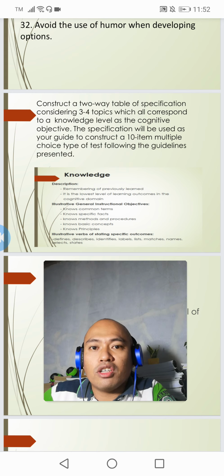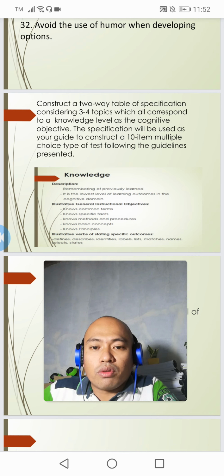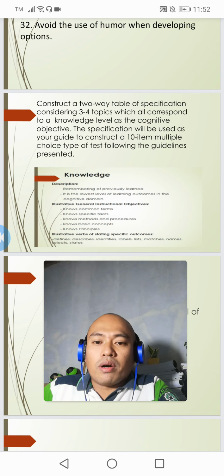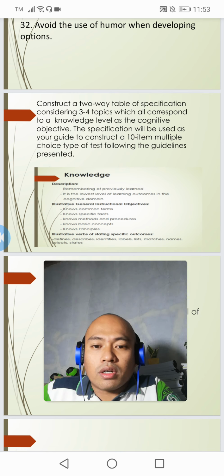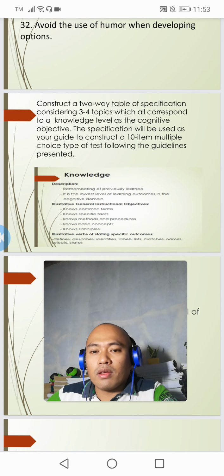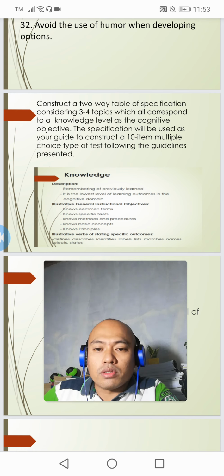The specification will be used as your guide to construct a 10-item multiple choice type of test following the presented guidelines. So this will be your output for today's meeting. It's all about multiple choice type of exam. So I hope you got the guidelines right, and you have noted all the general suggestions when we are writing a multiple choice type of test.